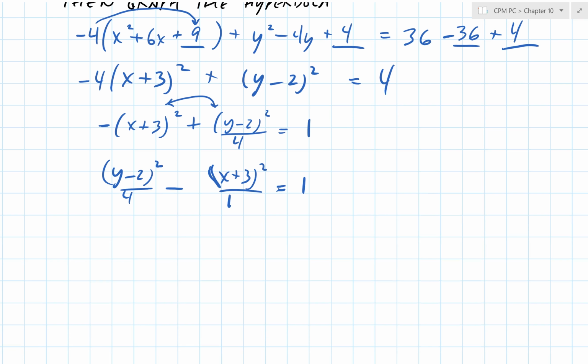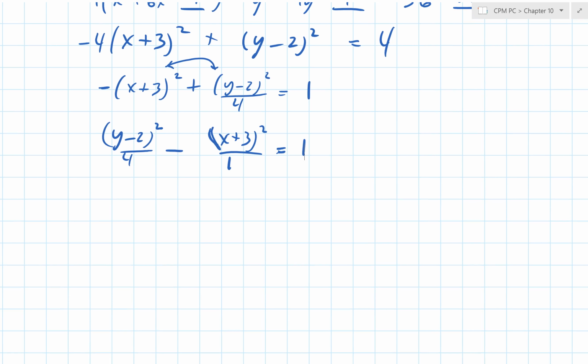So what's the center? (-3, 2). And in the y direction, we're going to go 2 units. In the x direction, we're going to go 1 unit each way.